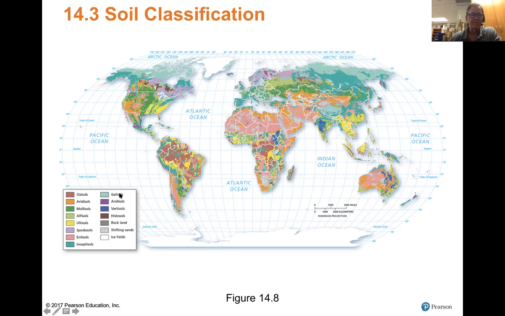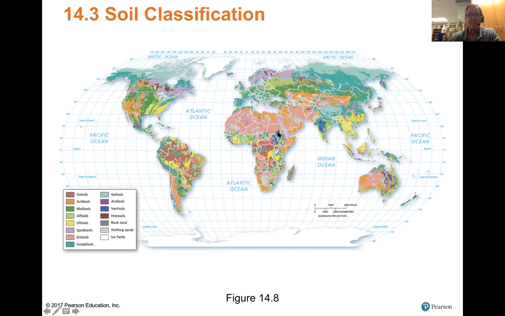But at least for us living in the United States, you might want to familiarize yourself with the ones in our country and where they are, especially the Ultisols here in the southeast, the Aridisols here in the southwest, the Mollisols, which are kind of spread in the northern half of the continent, and the Alfisols, which we see over here in the Midwest.